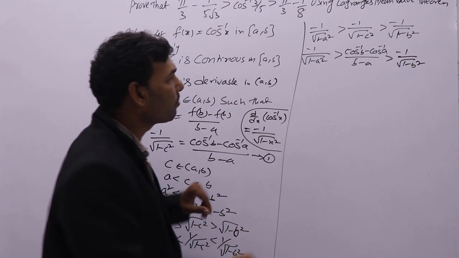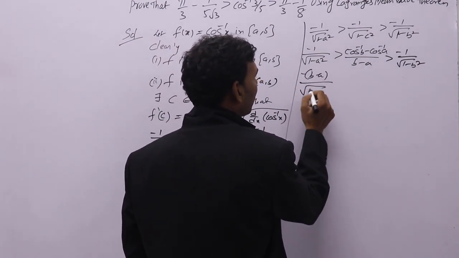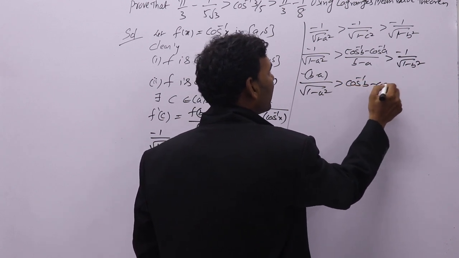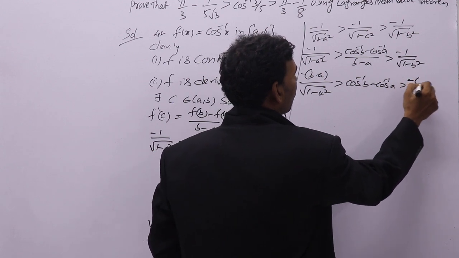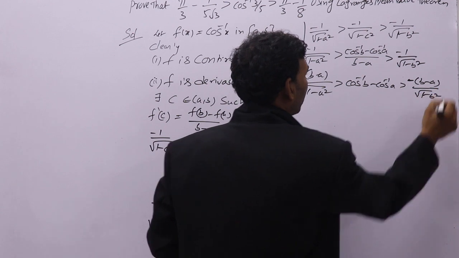If you want, you can multiply with b minus a: minus of (b minus a) by root 1 minus a square is greater than cos inverse b minus cos inverse a, which is greater than minus of (b minus a) by root of 1 minus b square.